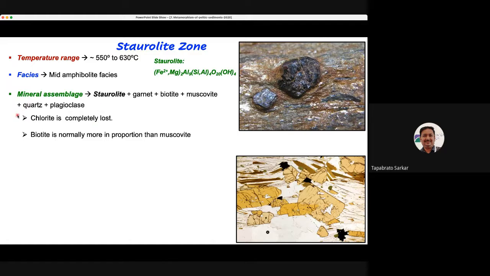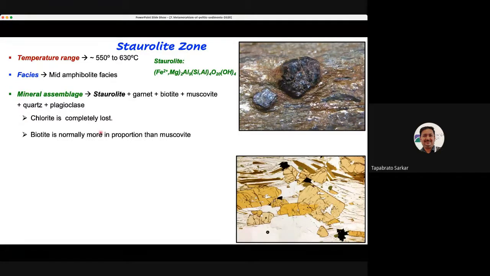Chlorite is completely lost. As long as there is chlorite in the rock, it will react with quartz and muscovite to form garnet. So in the garnet zone, chlorite is completely used up to form garnet.